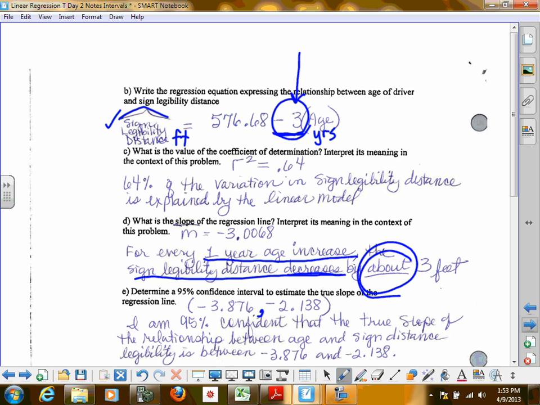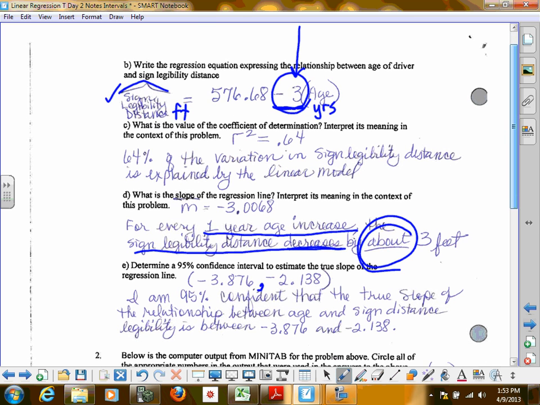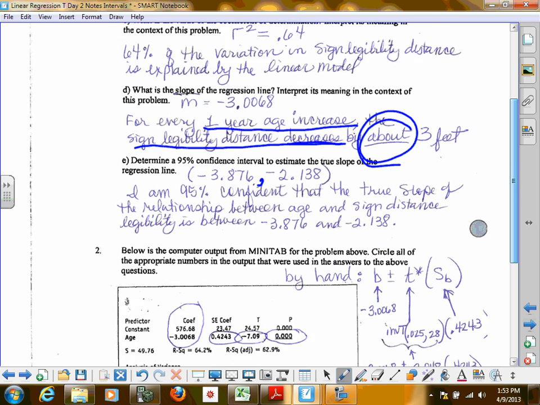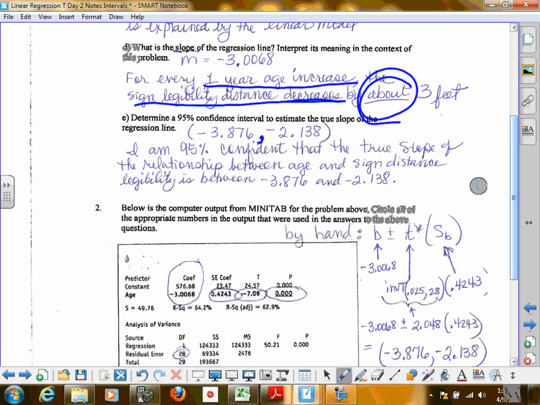So on average, every year you get older, the distance you can see is 3 feet less. Okay, on average.